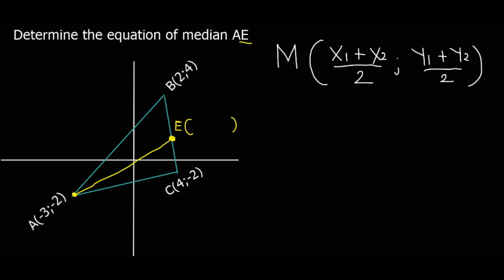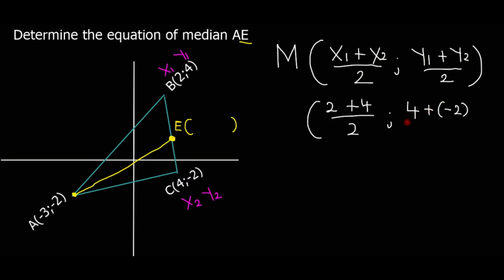So from there I'm going to name the coordinates. Let's say this is x1, y1, and this is x2, y2. So from there I can substitute. x1 is 2, and x2 is 4, and y1 is 4, and y2 is minus 2.